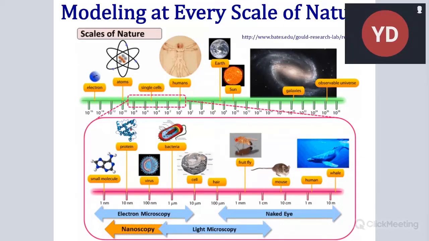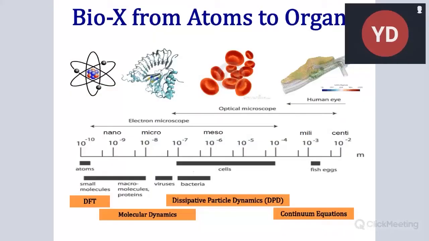This picture shows that in nature, you can get from the size of an electron, something like 10 to the minus 16 meters, to galaxies, something like 10 to the 25. As you can see, you have almost 50 decades. This is a terrible range of scales to deal with. The scale we are dealing with here is from atomic to organ.